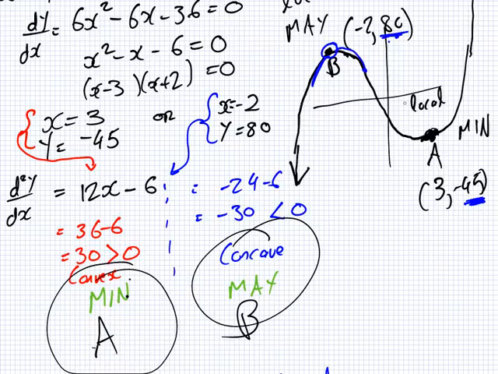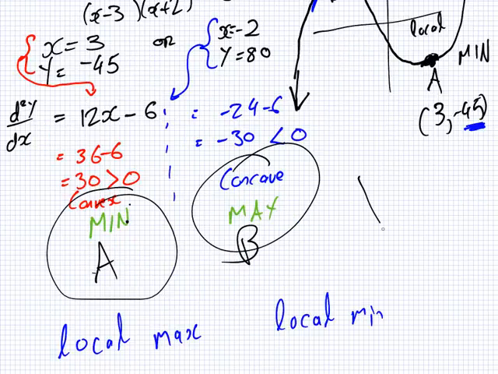But on some graphs, like the quadratic, this is a local minimum, but also it's a global minimum because there's no part of the graph under this point. So just be a little bit careful with the words local and global.